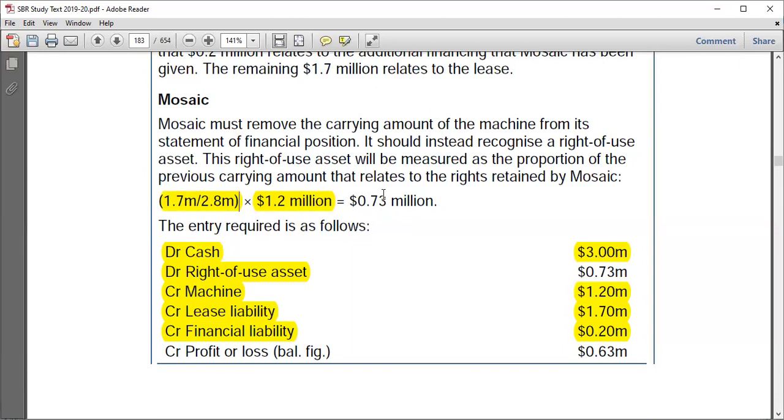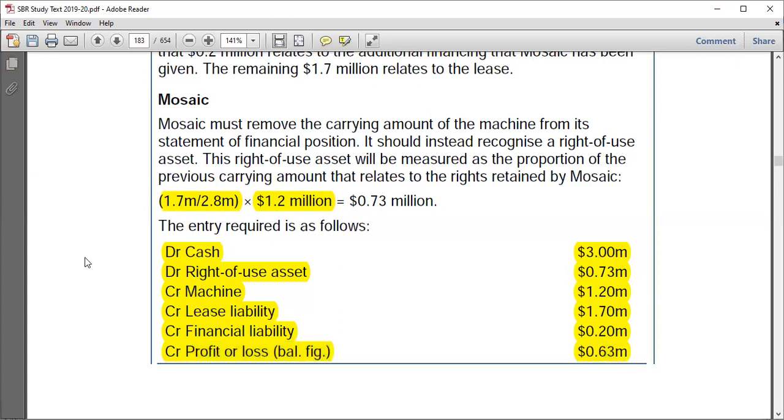Just place them here and obtain this 0.73. So you would have this figure here. After this, we just compare the debit and the credit. The lesser figure has to be provided with the suspense, and the balancing figure would be 0.63 million, and so everything would be over.